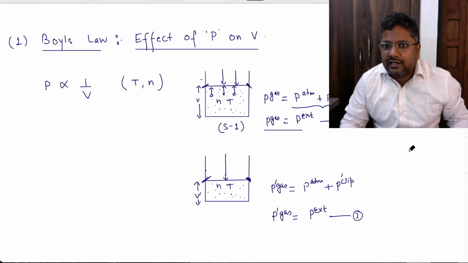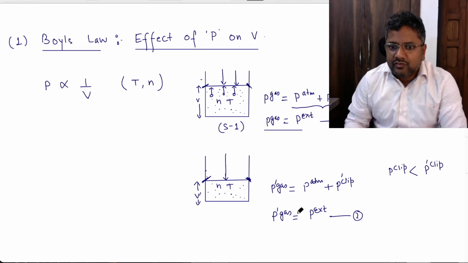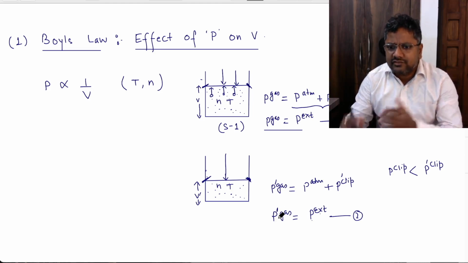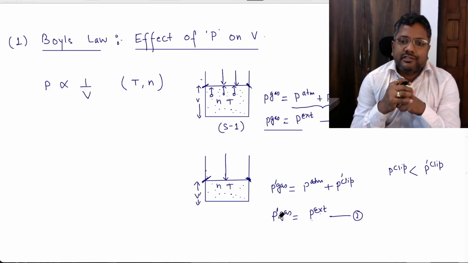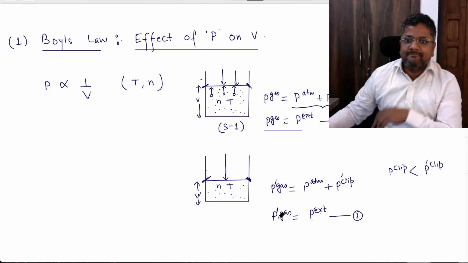And here all of you know that the P clip first is smaller than the P clip dash, second one. But the external pressure is this sum. So this time the external pressure increases, so the gas pressure also increases, right? So in this way you should try to visualize your system. Then only you can understand the things, right?